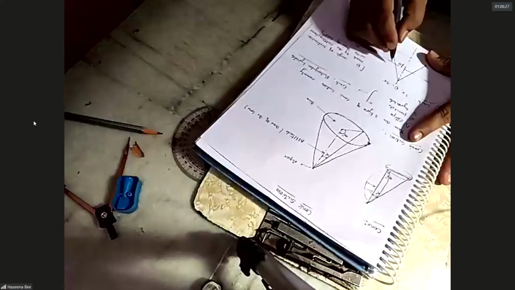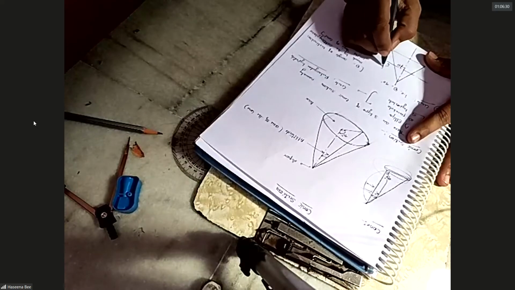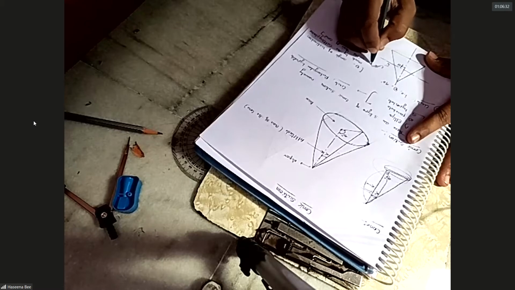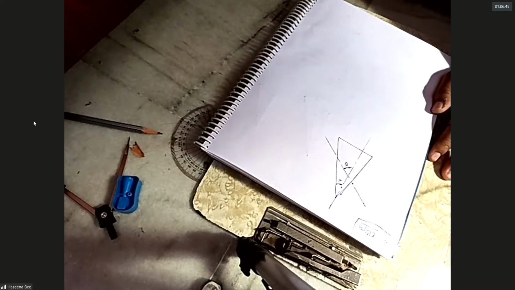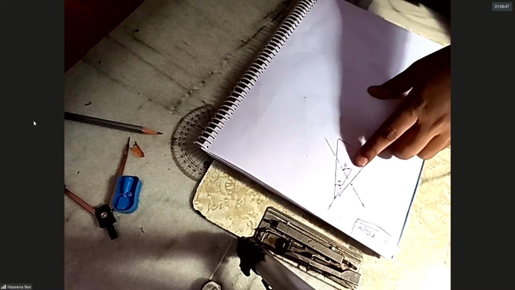This is known as the cutting plane. Again and again you should not get confused.